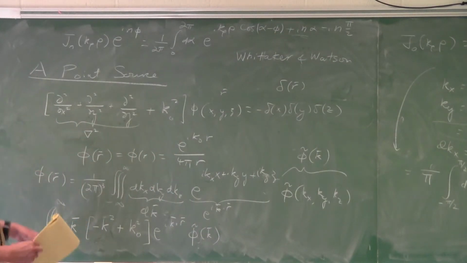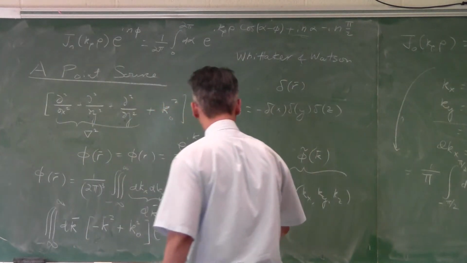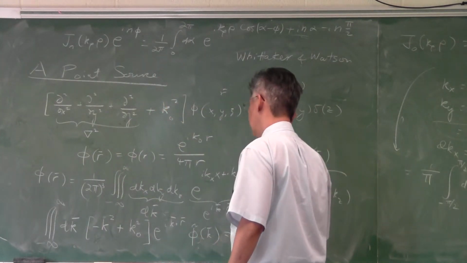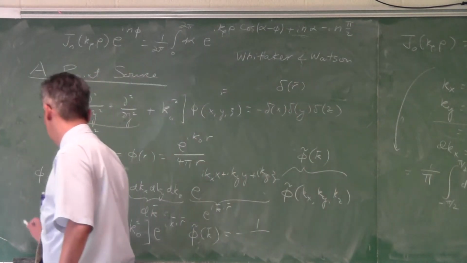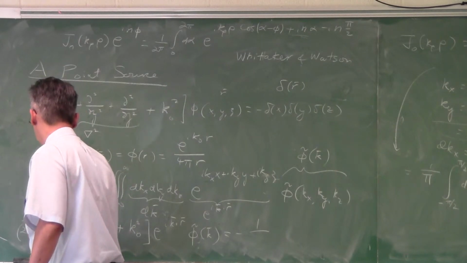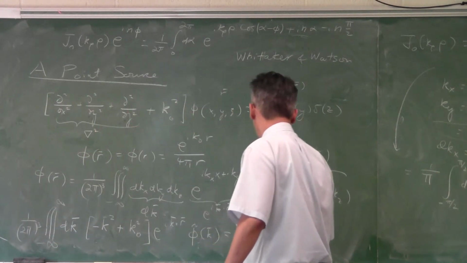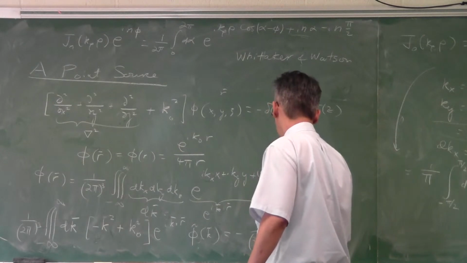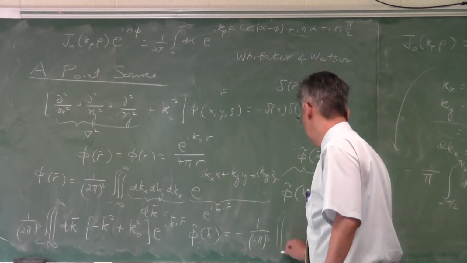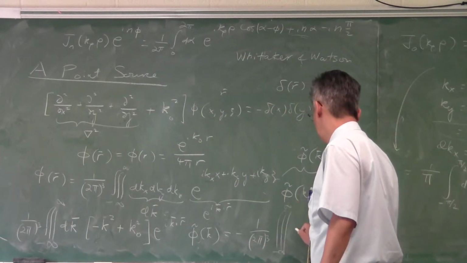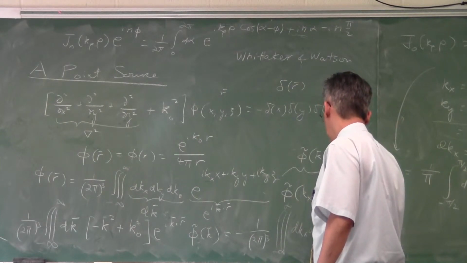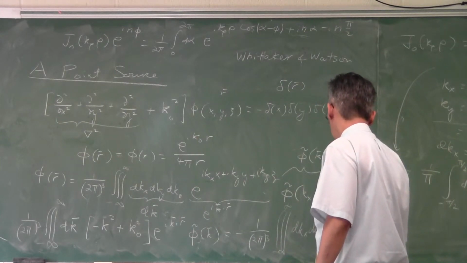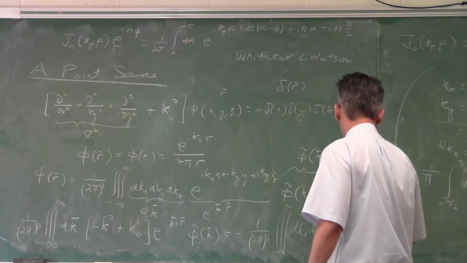If I substitute that in there, then the right hand side will be minus 1 over 2 pi cubed, and then dkx, dky, dkz, e to the i k dot r.